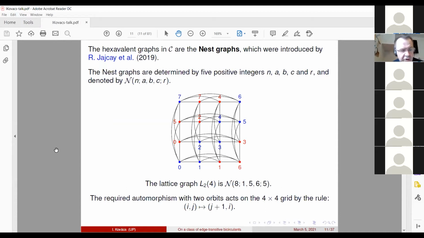Now we arrive at the last family, which was introduced recently by Robert and his co-authors. These are the hexavalent graphs in the family, and they call them Ness graphs. And now you need one more parameter, and I don't want to go through the details in this presentation, but this is the famous lattice graph, the usual strongly regular lattice graph, which has as vertices the 4 times 4 grid.